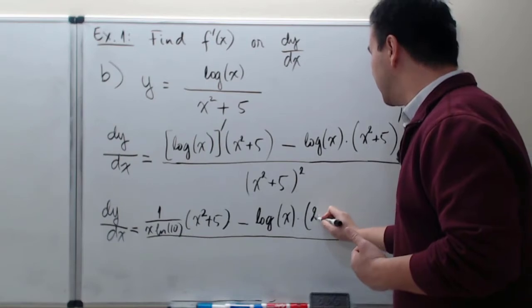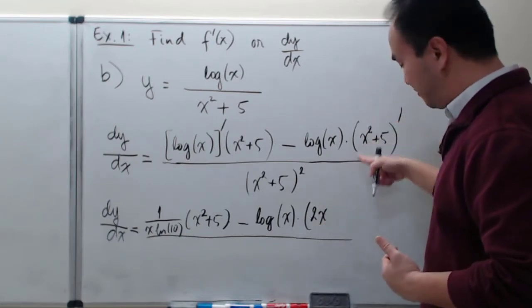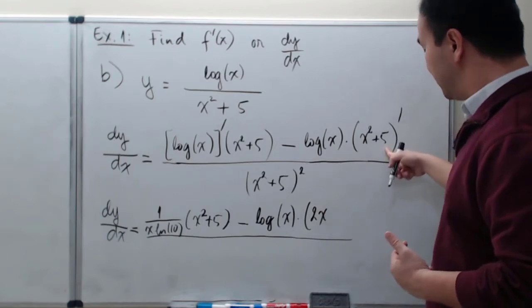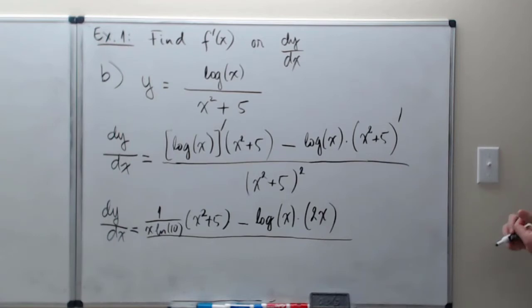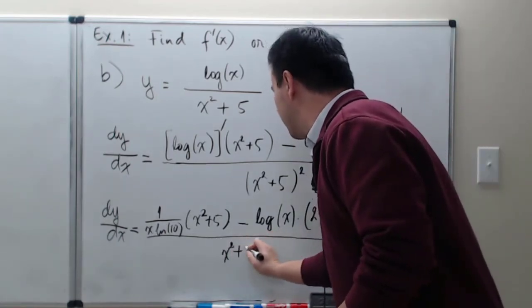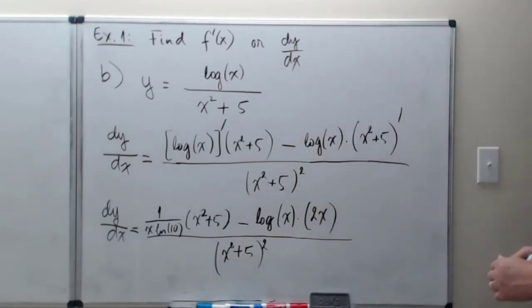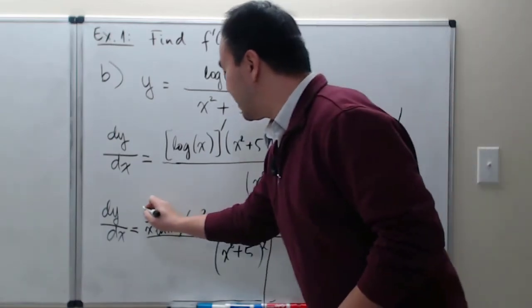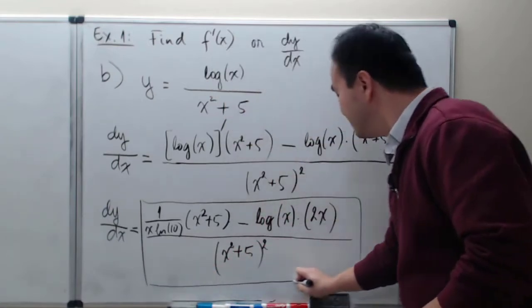We're looking at 2x, because the derivative of x squared becomes 2x, and the derivative of 5 goes to a constant. So now we're just simply multiplying with 2x, and we're dividing all that by x squared plus 5 all squared. All right. And so as far as getting your derivative found, we're done.